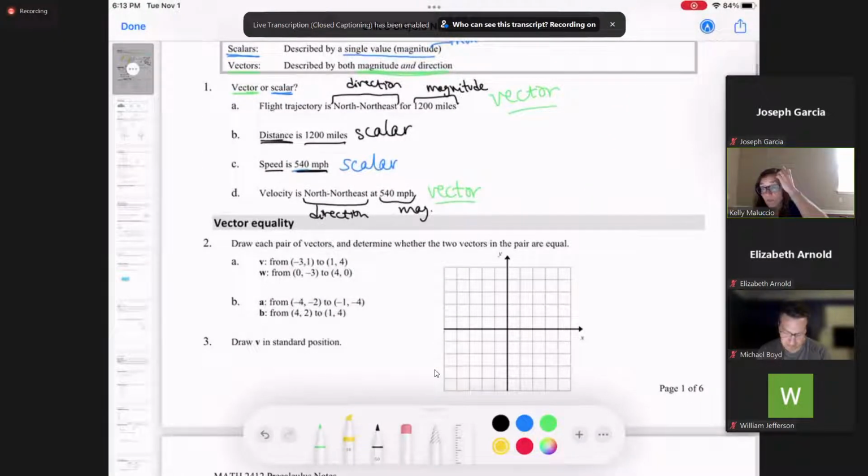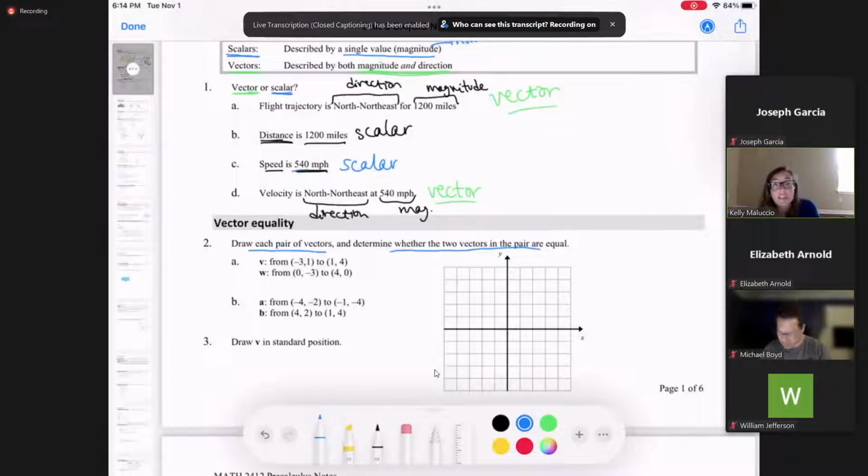If we want vector equality and want to see how we can make two vectors equal, or find out if two vectors are equal or not, we have these examples here. It says draw each pair of vectors and determine if they're equal. So we're going to draw these and then say, are these the same, yes or no? Because if I just look at the points, I have no idea.